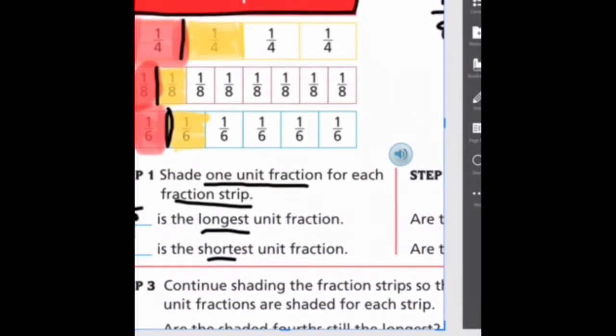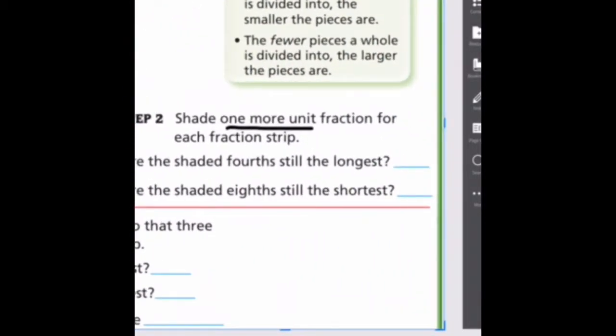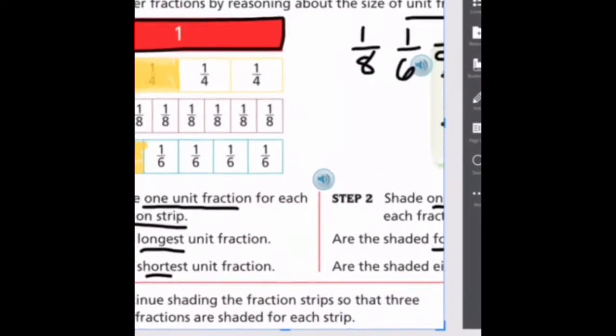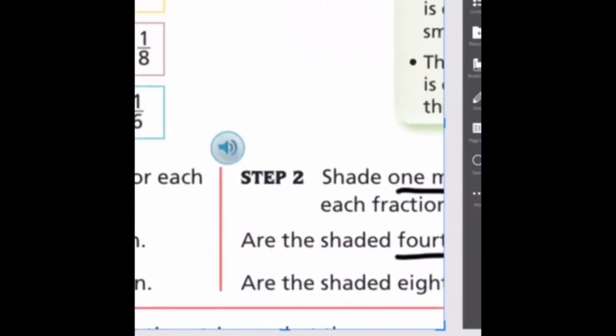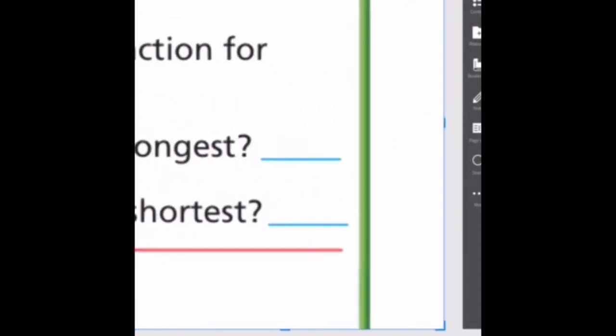So the question is, are the shaded fourths still the longest? Well, shaded fourths end right here, the 8ths end here, and the 6ths end here. So yes, the fourths are still the longest.